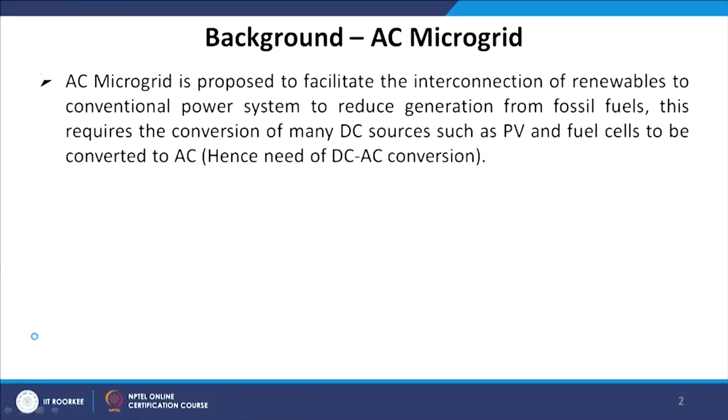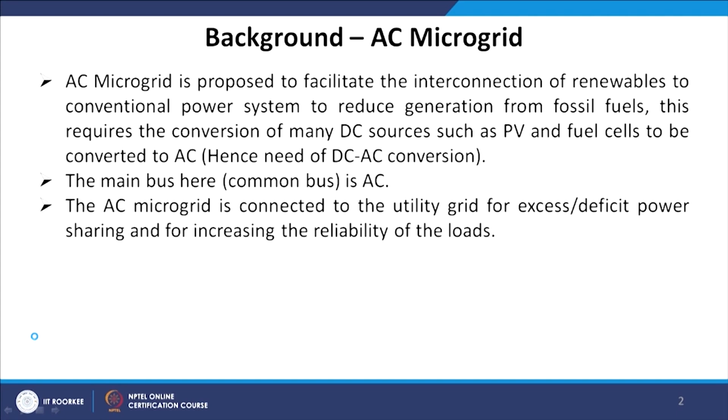The AC microgrid is mainly proposed to facilitate the interconnection of renewables to the conventional power system to reduce generation from fossil fuels, and this requires many DC sources such as PV and fuel cell to be converted to AC, and hence we need DC-AC conversions. The main bus in case of an AC microgrid is AC.